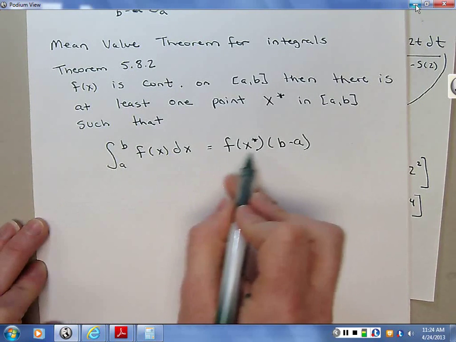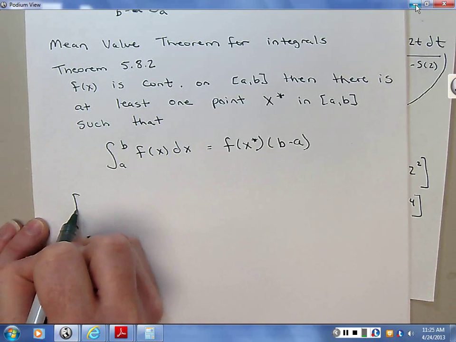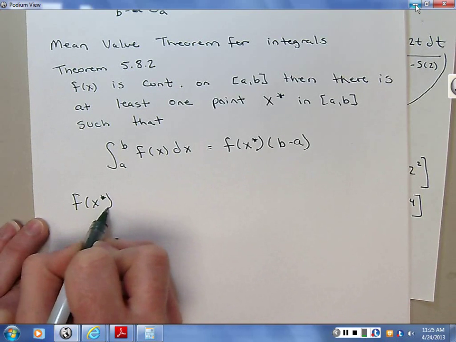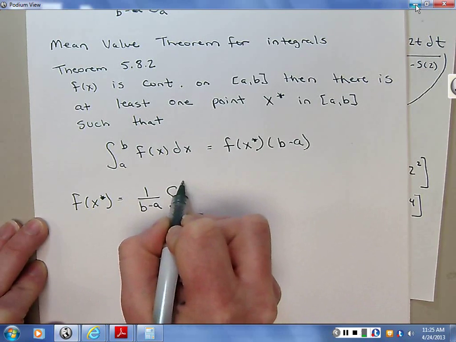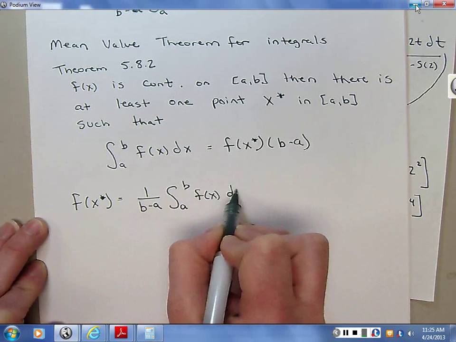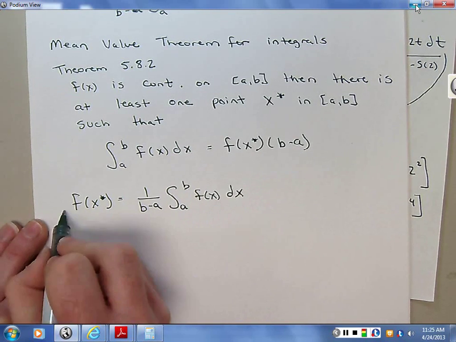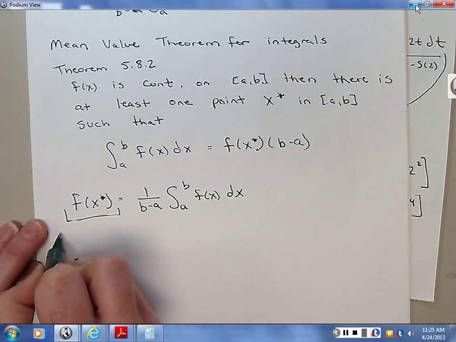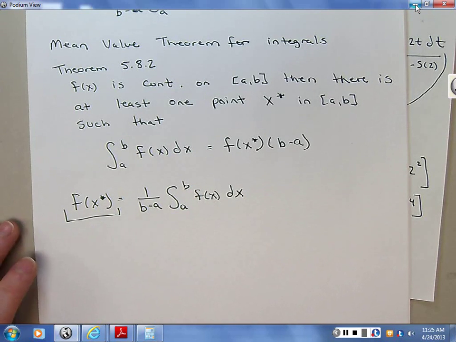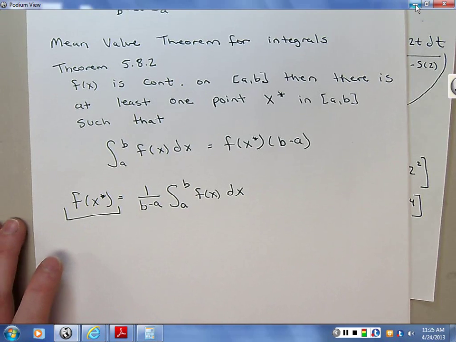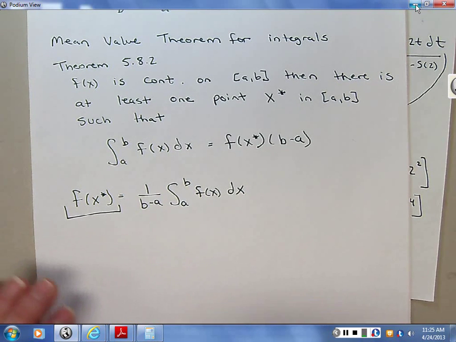So this average value can be found by taking 1 over b minus a, the integral from a to b of f of x dx. This is the average value of the function. I'm just kind of elaborating on it.